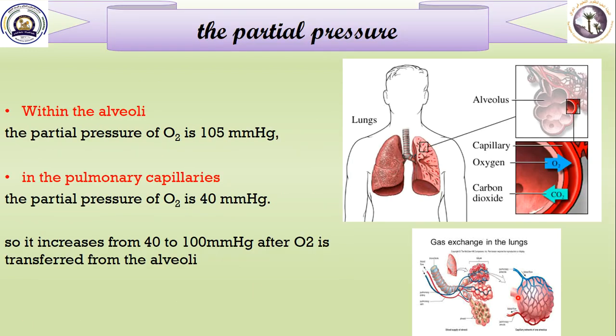If you look at this picture and just get an idea of how it works, I mean the diffusion in the lung in general, within the alveoli there should be a specific pressure, and we know there is a general idea in physics: all the pressure is going to be transferred from the higher to the lower.